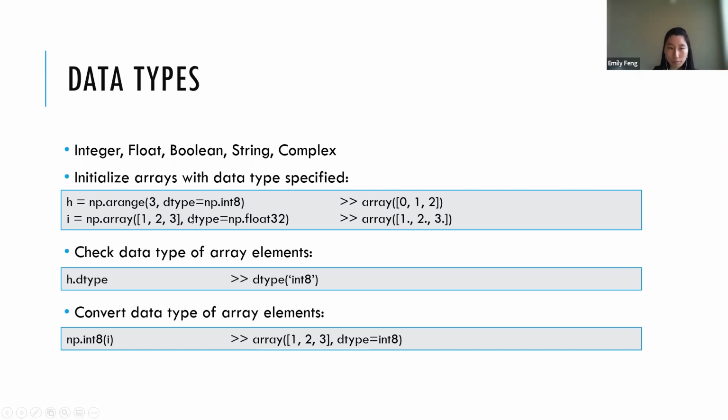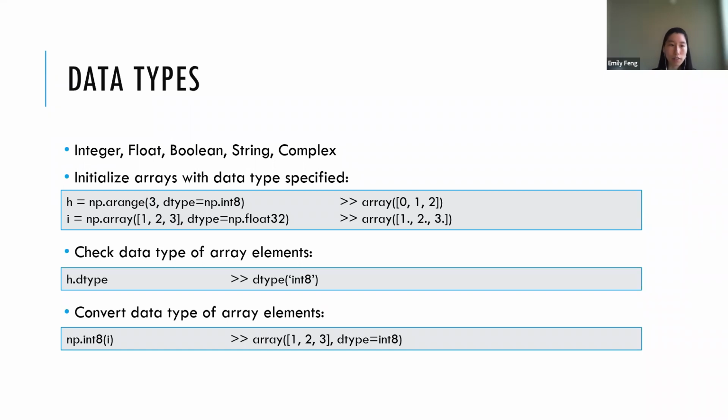An example is using range 3, which means I want an array 0, 1, 2. Remember, Python is 0 based. Every time you specify a range or indices, it starts at 0 and doesn't include the last one.